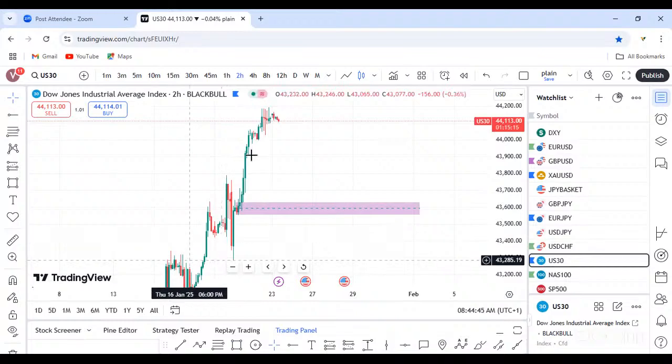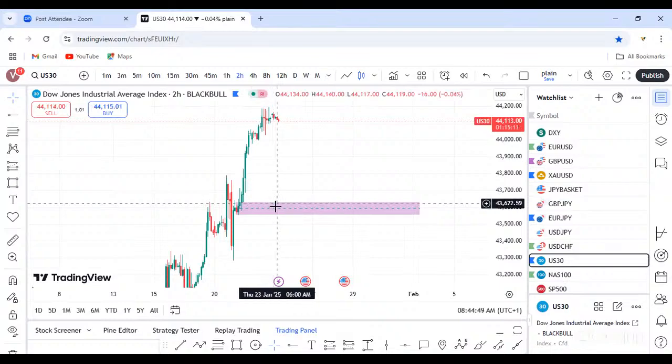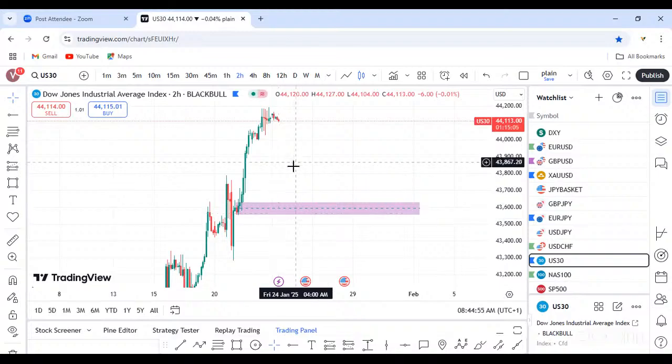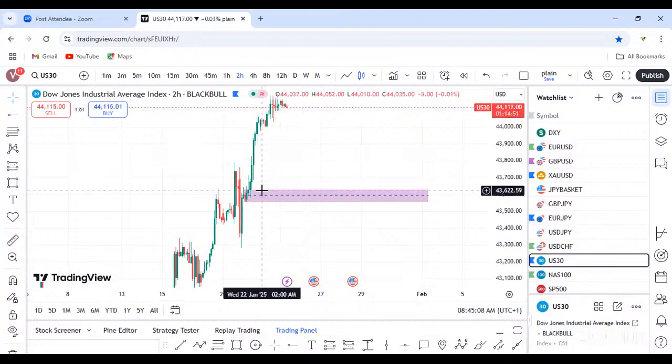A sweep, a break to the upside, and then price coming back to tap into that area of sweep of liquidity for it to continue moving to the upside. So these are the two setups I'm looking out for in terms of intraday play for US 30 and also NAS 100, right? So these are what I'm just seeing for this morning.